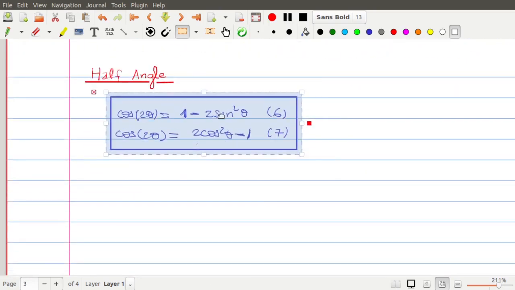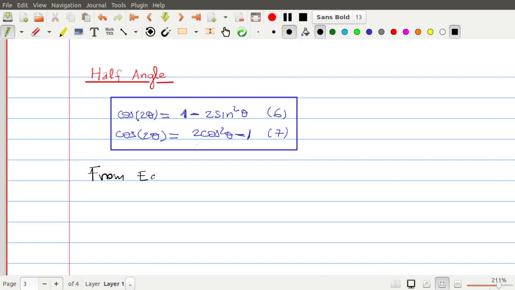Okay, so from equation 6, if we substitute theta with theta by 2, we have cosine theta will be equal to, we don't actually need a parenthesis when we have only one argument, of course, one argument without multiplication whatsoever.